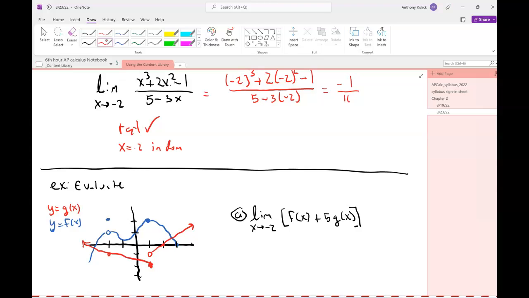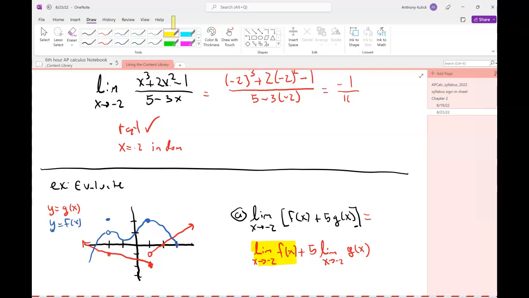What we'd want to do is use our limit properties to rewrite this, and then use our graph to evaluate.